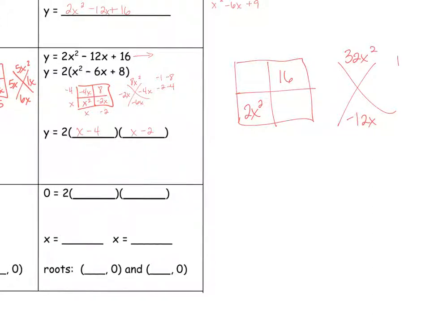Factors of 32 are 1 and 32, 2 and 16, not divisible by 3, 4 and 8. I think that's it. Again, negative, because they multiply to positive and add to a negative. So I'm going to use negative 4x and negative 8x.